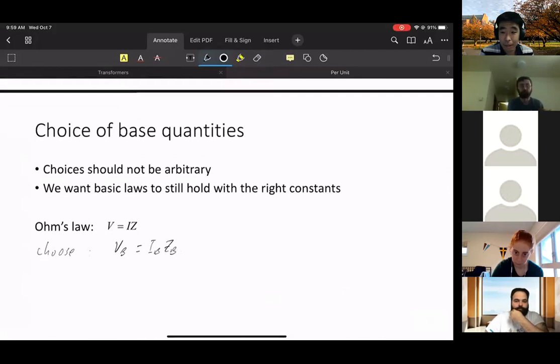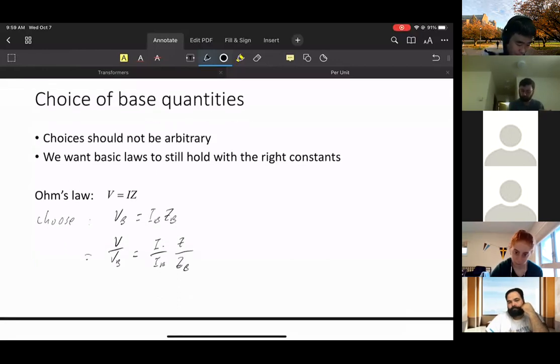Okay, so this is what we want to do, just to be consistent. We want this equation to hold, and this will imply Ohm's law still holds for the per unit quantities.